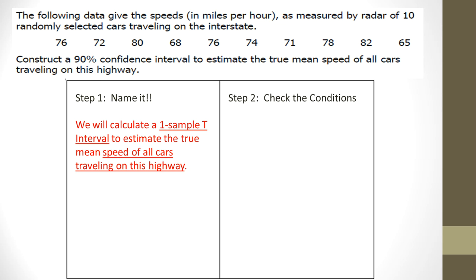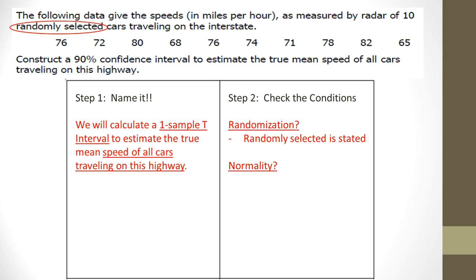Step number 2, we need to check our conditions. Our first condition of randomization. Do we have good quality data? We look at the problem, and it does say that it is randomly selected. So randomly selected is stated. We also need to check normality, and we have three options.